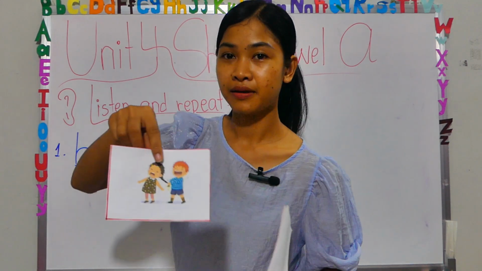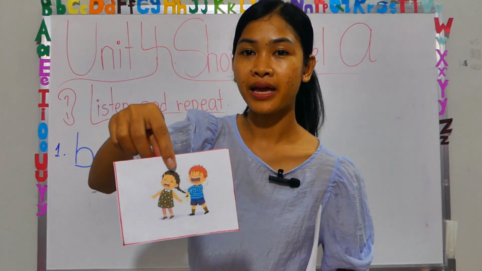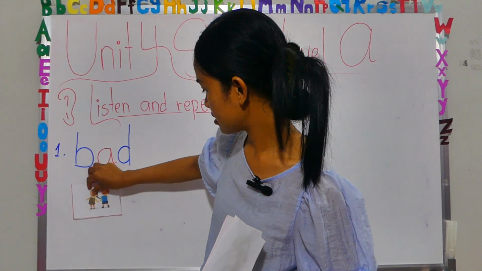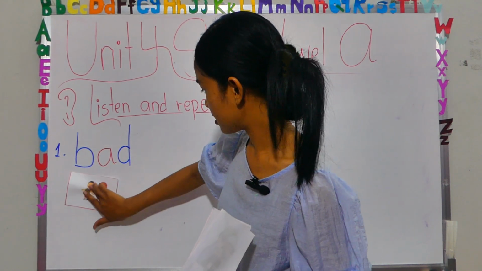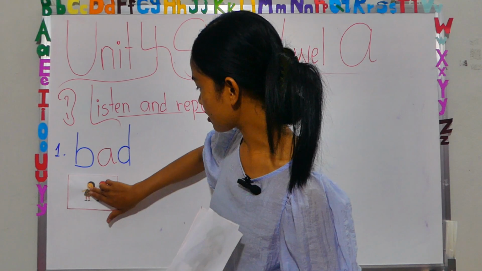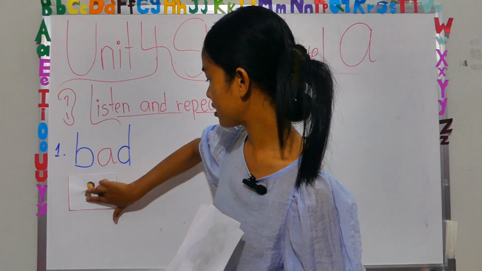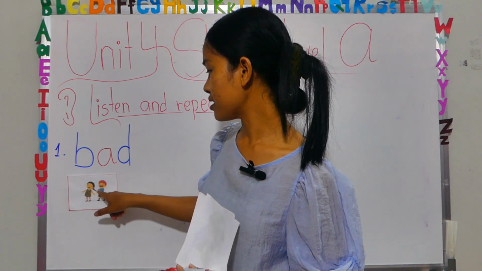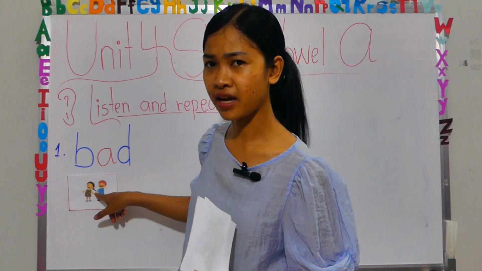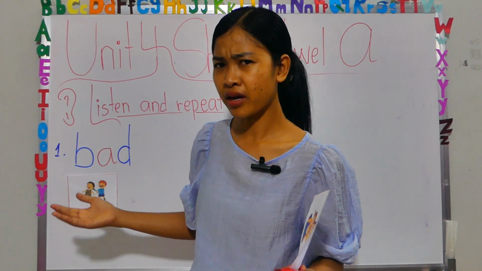Can you say it? Bad, bad. He is bad. He makes the girl cry. Look at that. When he hurts somebody and he feels happy, no. How can he do that?